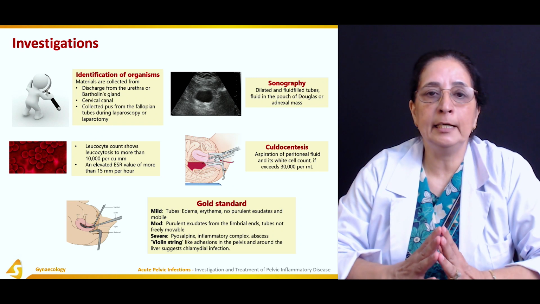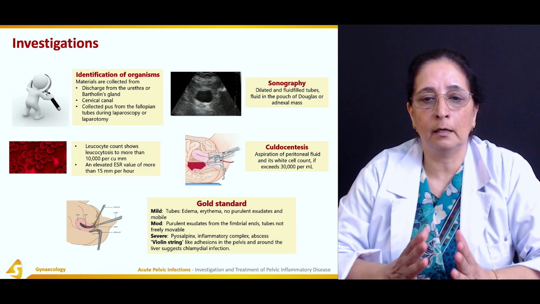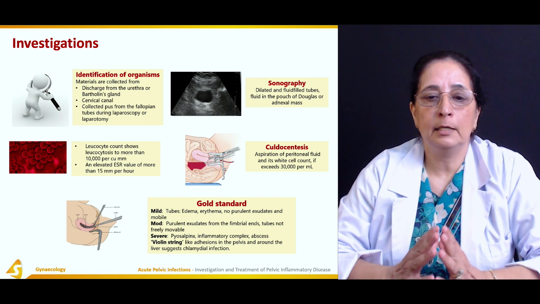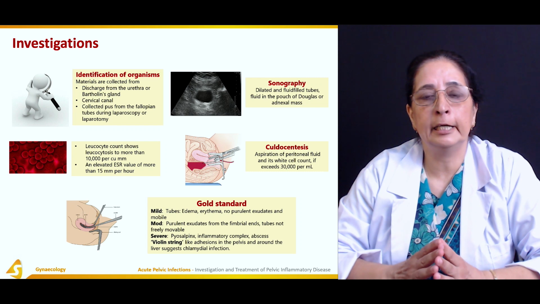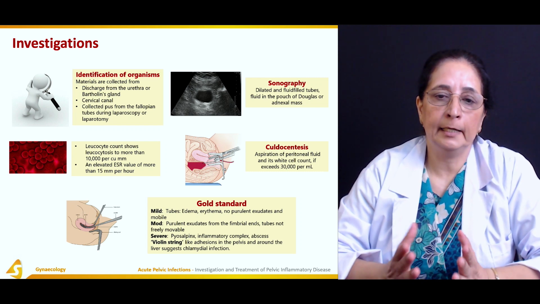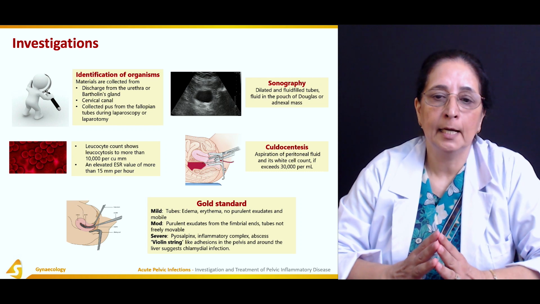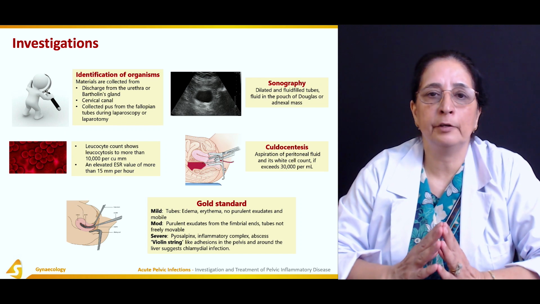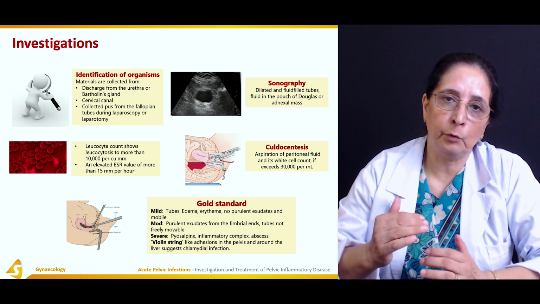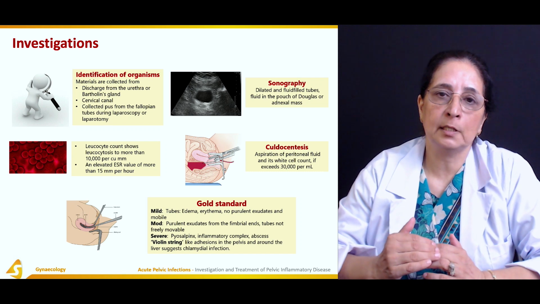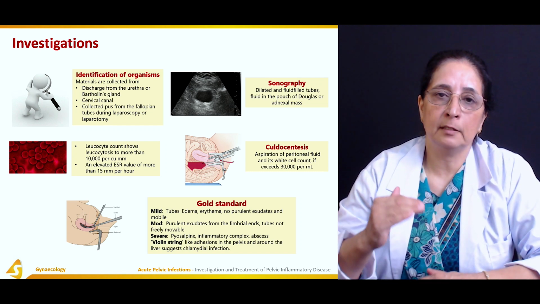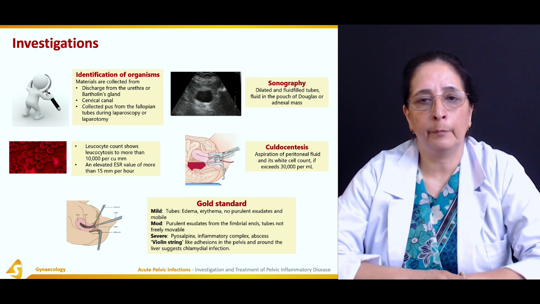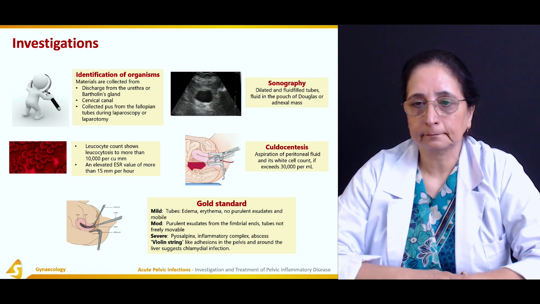An elevated ESR of more than 15 millimeter per hour is also indicative of infection. ESR is erythrocyte sedimentation rate, the rate at which red blood cells, or erythrocytes, settle in the tube.